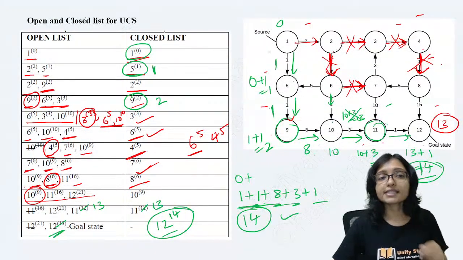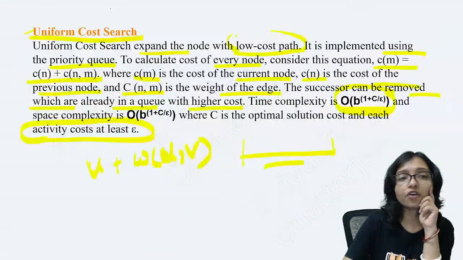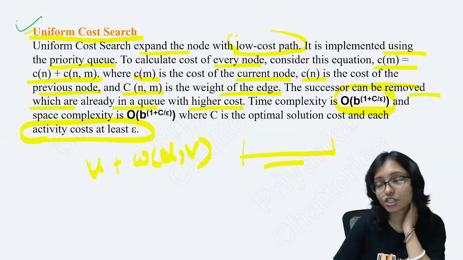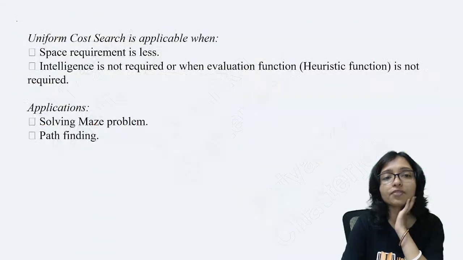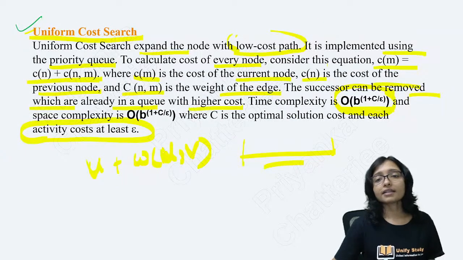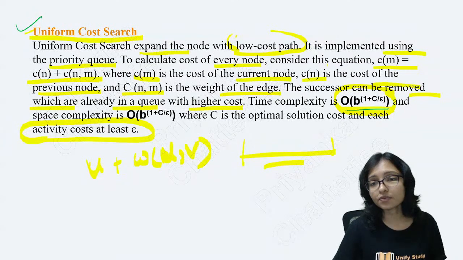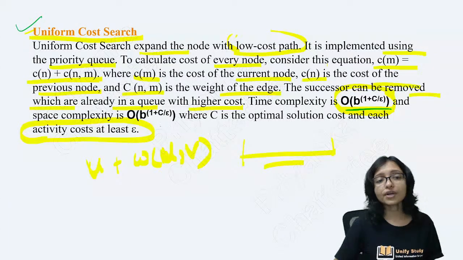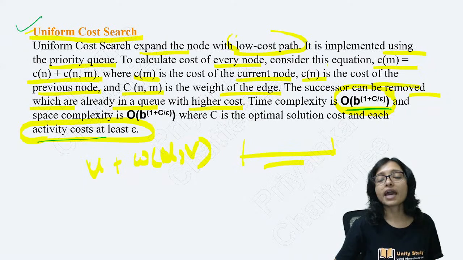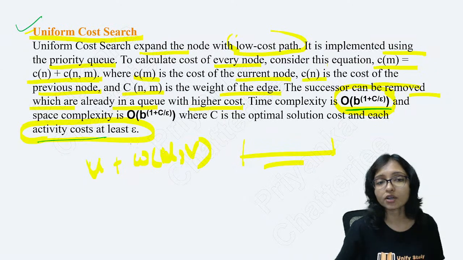Yes. So this is your uniform cost search. This is called the uniform cost search technique. I hope the uniform cost search technique is clear to everyone, how it is working. So this is the algorithm, and that's why here the complexity will be this one. Okay, the activity cost, because when we are comparing, that activity cost will be there. We have to think about that activity cost also as an epsilon value.